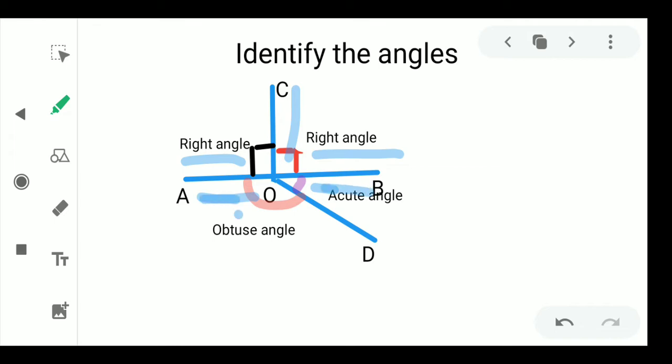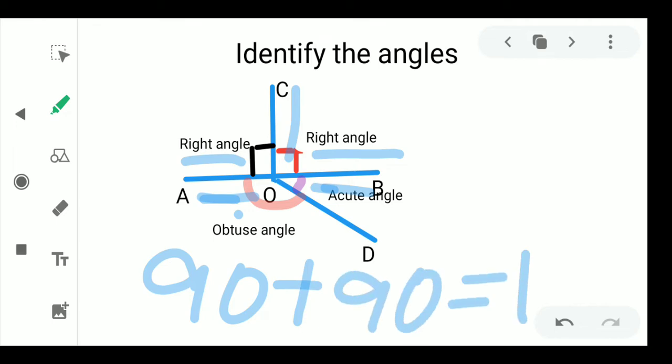Arms OA and OB are positioned opposite in this figure, so we clearly find that this is a straight angle. A straight angle is twice a right angle. A straight angle measures 180 degrees.